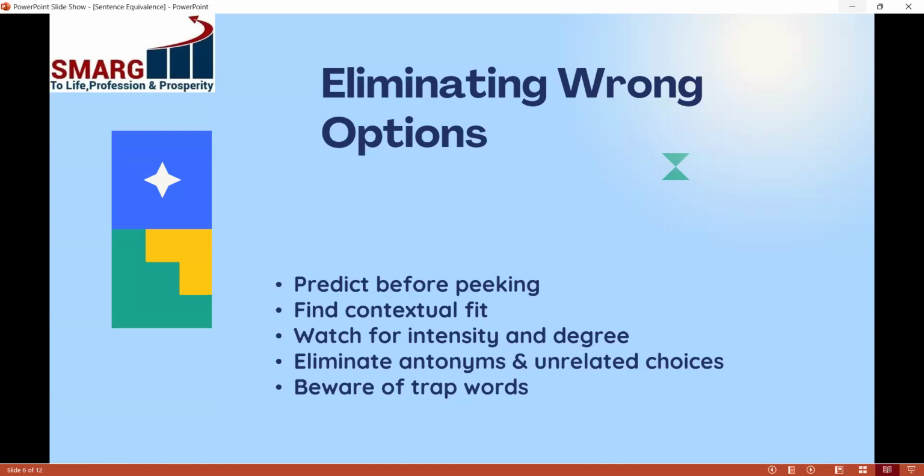They are often confused words, so be aware of them and then go for your choice. Elimination is one process which always comes in handy. Even if you do not know the words, you can go for it. Got it?